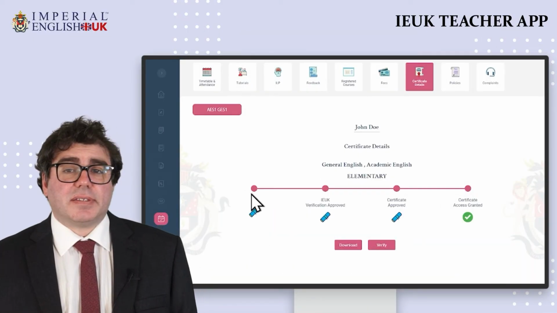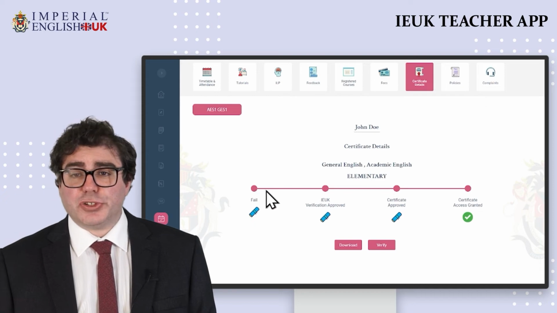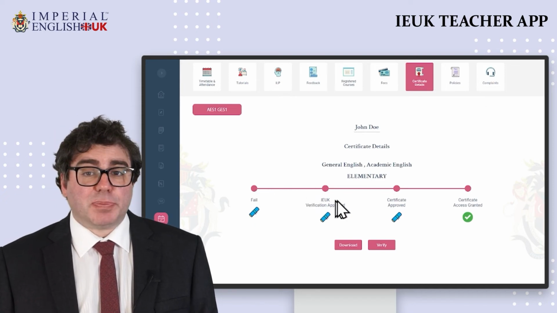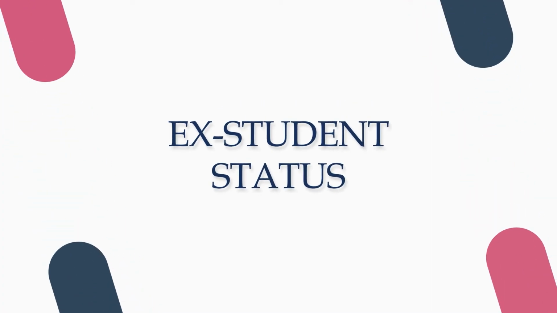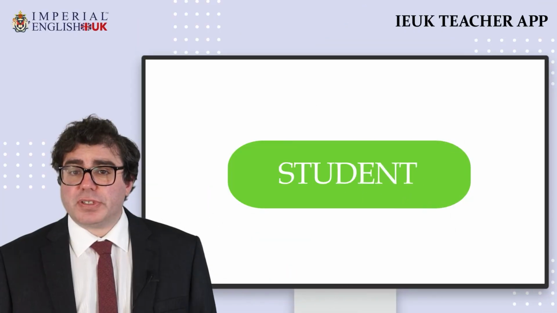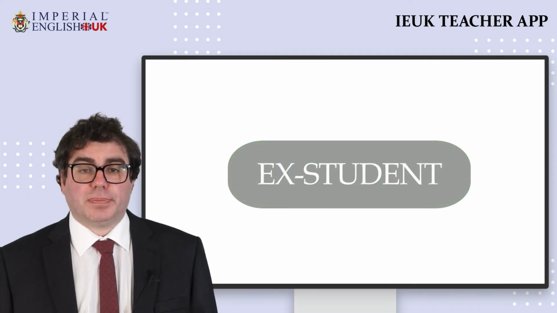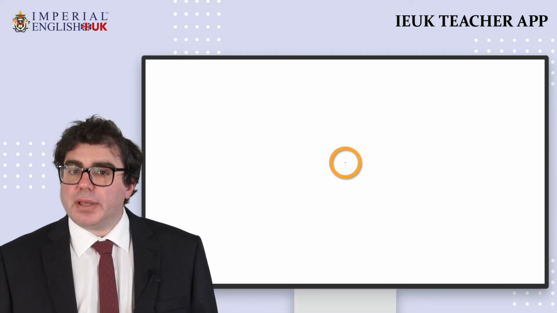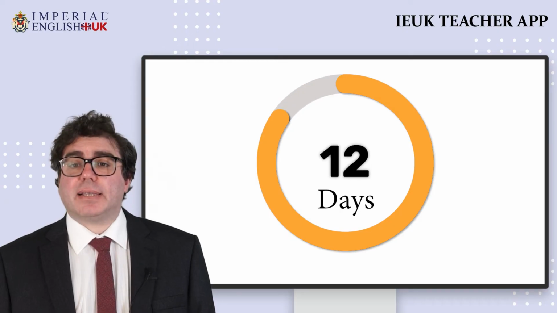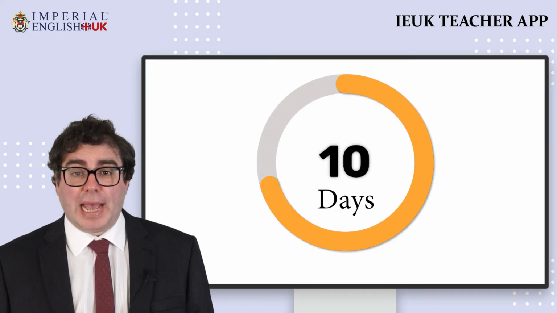Students can see their certificate on the IEUK Student App by clicking on Management and then Certificate Details. Once the certificate is issued, the student status on the app changes to ex-student. From this date, they will have 14 days to access the IEUK Student App.